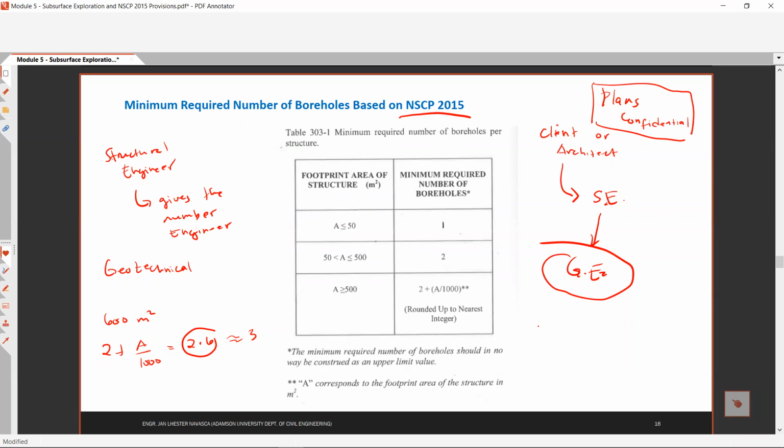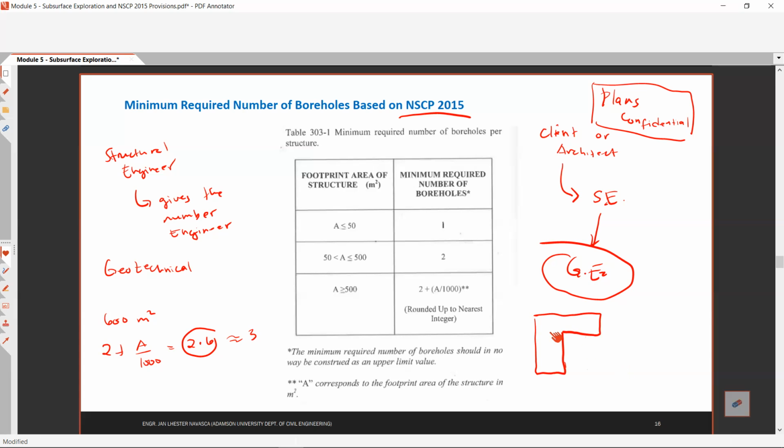So for example, let's say this is your site building footprint. The footprint does not include, for example, an escalator outside or a canopy outside. Only the main building footprint counts.